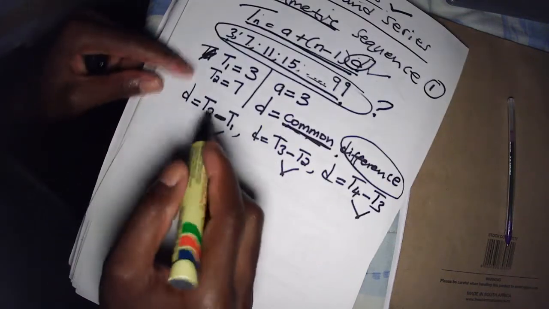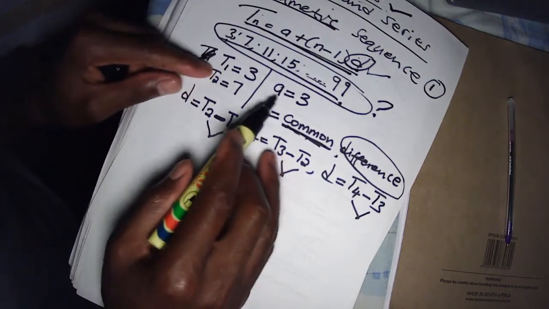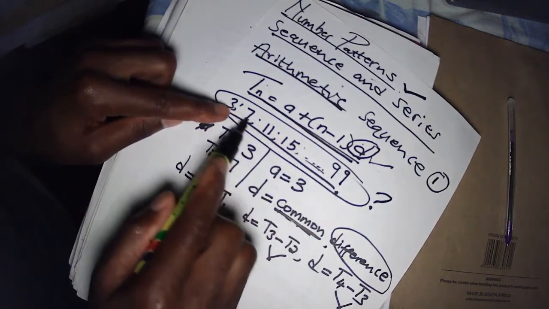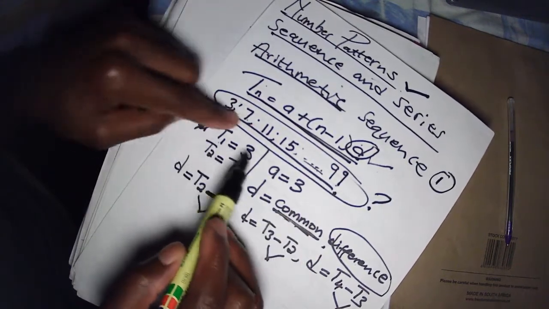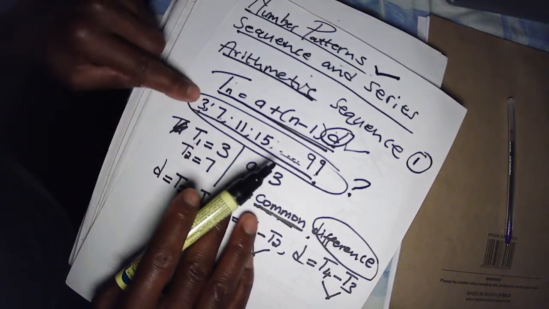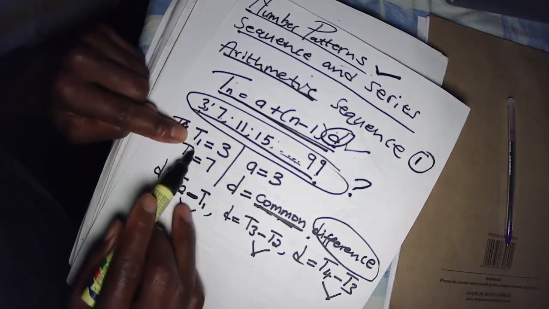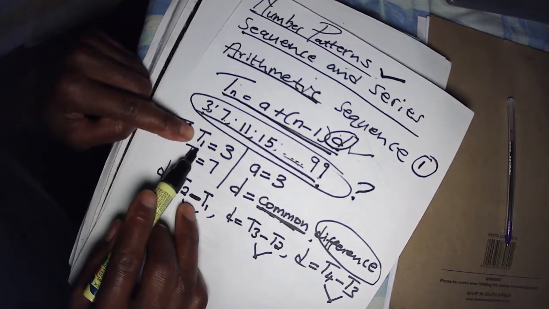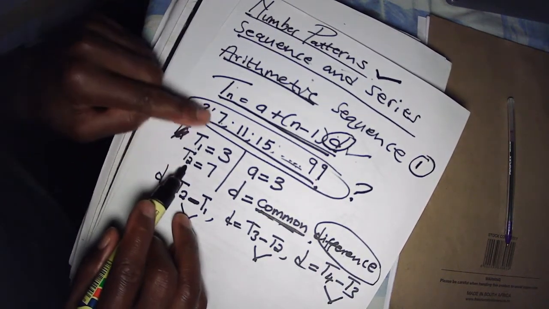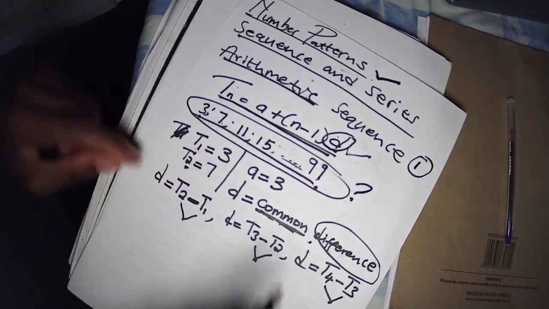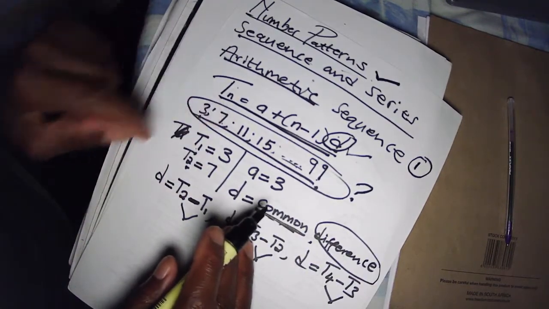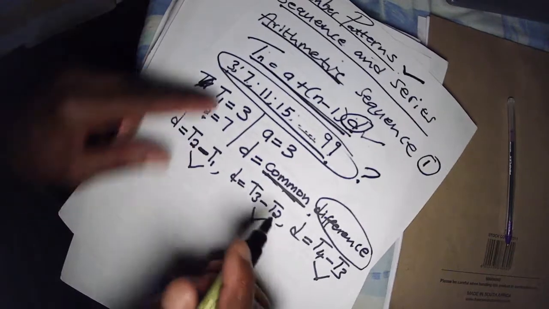So let us look at what is written here. We have T1 is equal to 3. If we look at this sequence, we have 3, 7, 11, 15 up to 99. What is T1? The first term. So T1 is 3, and T2 is the 7, and so forth. T3 would be the 11. So the question is, how do I know?